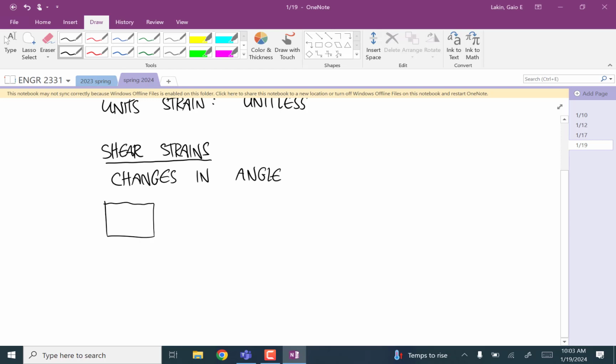And so if this is your undeformed piece and it turns into something like that, and our coordinate system is this. So I'm always going to assume that our starting piece is rectangular, so those angles are starting out at 90 degrees.